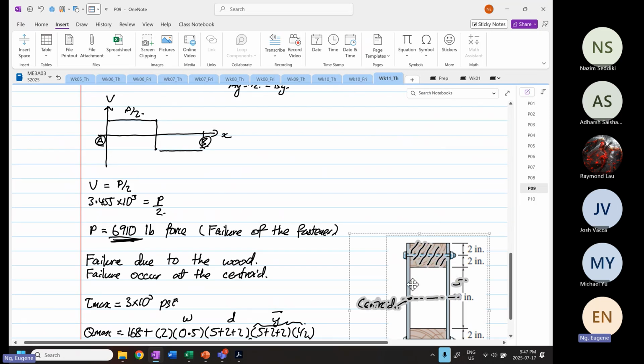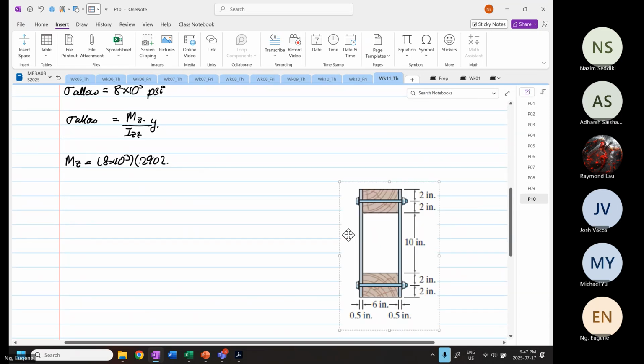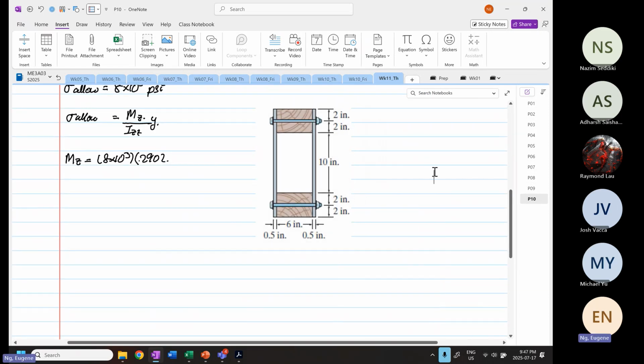Okay, so we look at here. The y is the furthest distance away from the centroid, and this will be equal to 5 plus 2 plus 2 is equal to 9. So 8 times 10 to the power 3 times 2902 divided by 9.